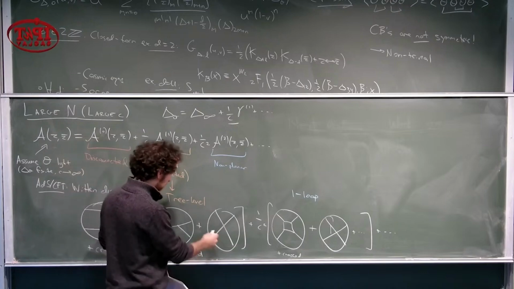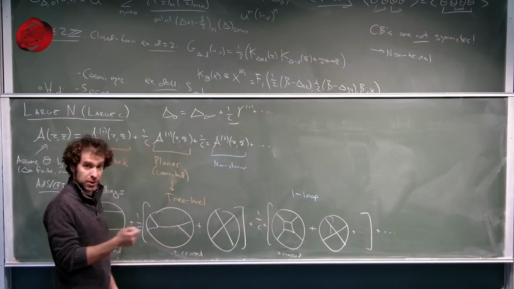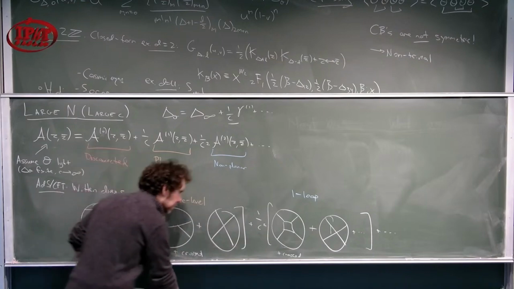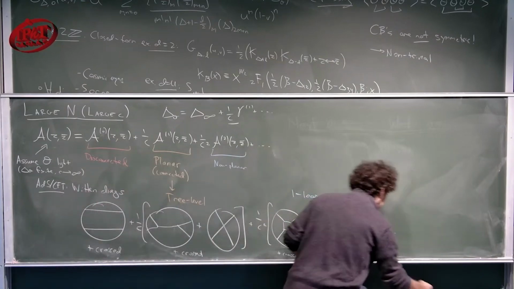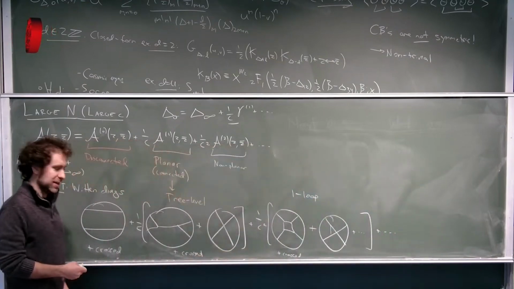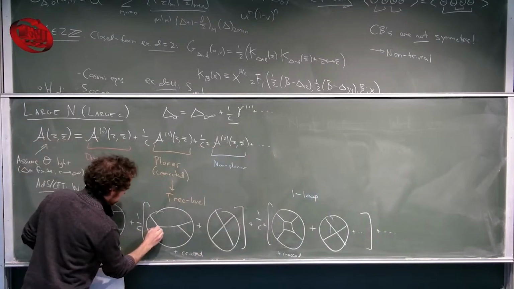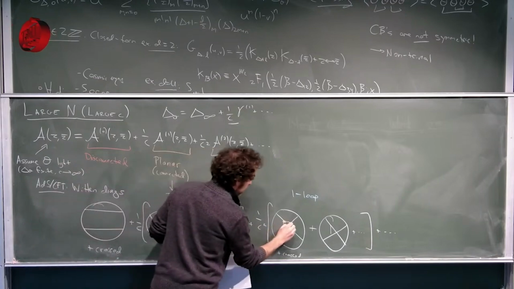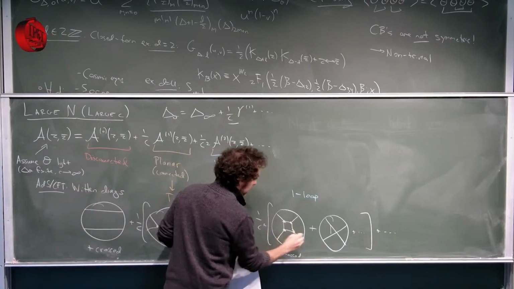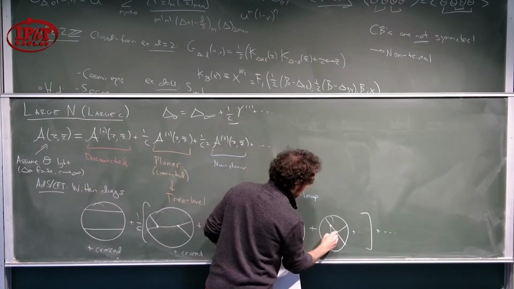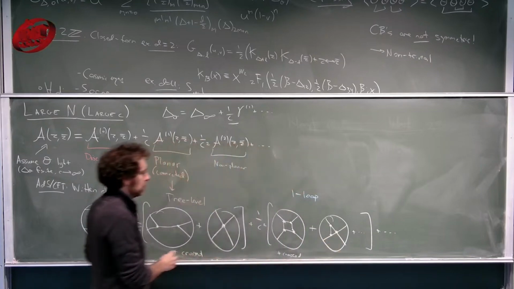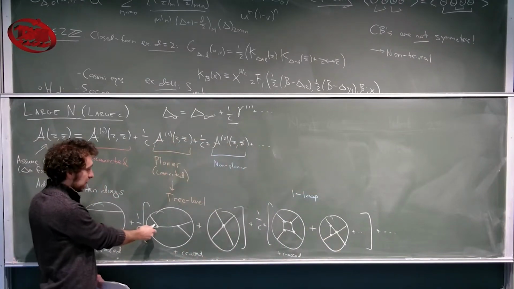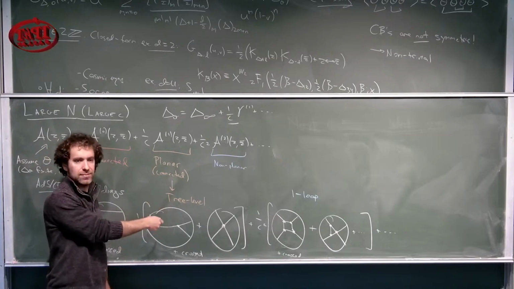Let me just write an example of what one of these looks like if you try to do it the brute force way. Let me use a color here, let's say green, to emphasize one important point, which is that you have all these vertices. In order to make an object which is conformally covariant, these bulk vertices are integrated over all of AdS.